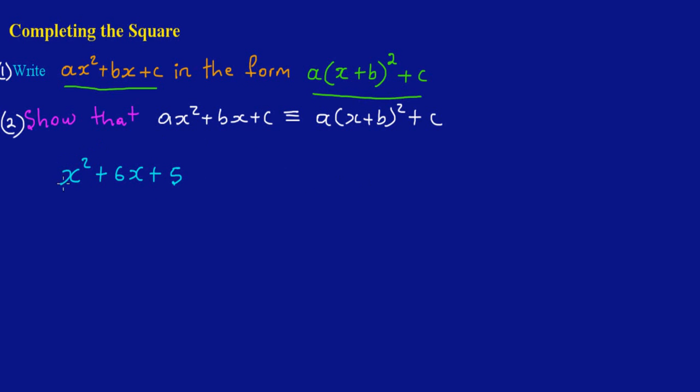First, I am going to take the x squared, and since we're completing the square, I am going to draw my diagram. Okay, so I have drawn my square. So that's my square.